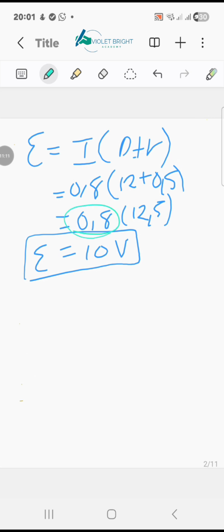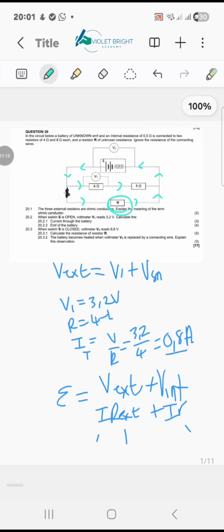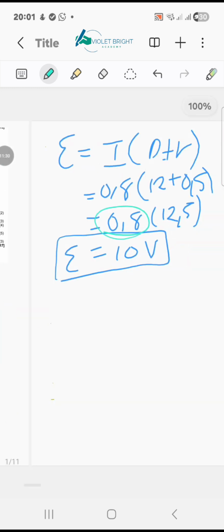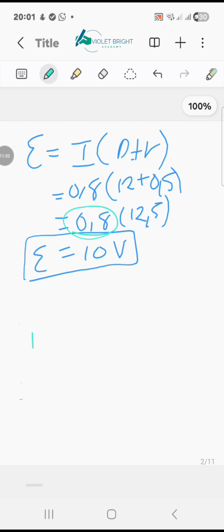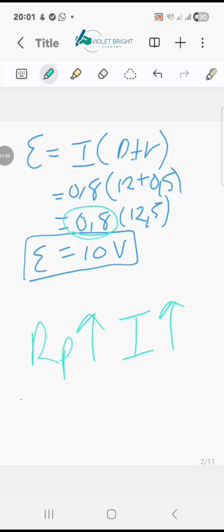It will change. Why? Because, remember, according to Ohm's law, because of these ohmic conductors, if we add resistors, it will affect the current. Either it will decrease or increase. If we are adding resistors in parallel, the current will increase.